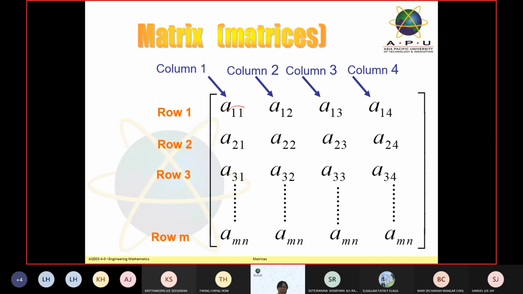In the subscript, the first number refers to the row and the second number refers to the column. So A11 means the first row and first column. Another one means the first row and second column. For example, A32: the 3 means the third row, the 2 means the second column. This is the value in the third row and second column of the matrix.